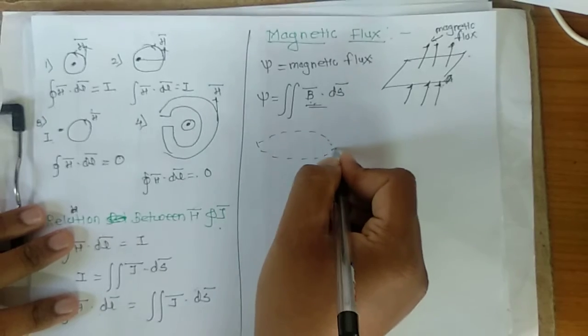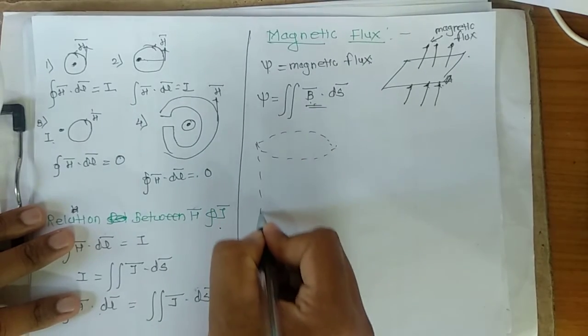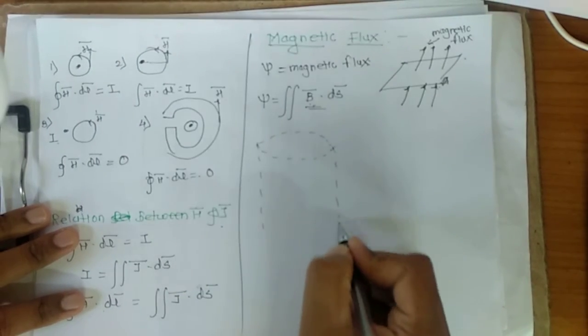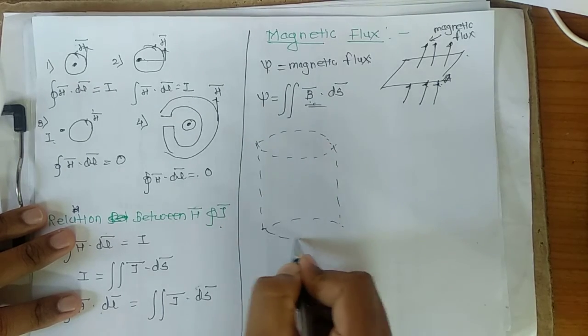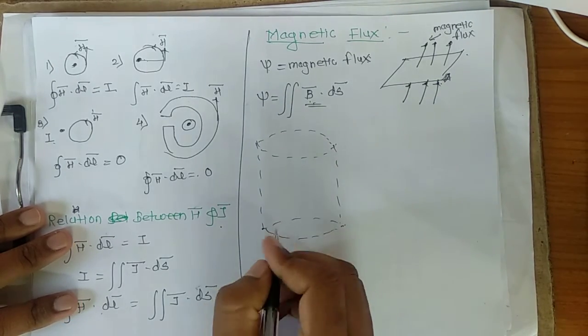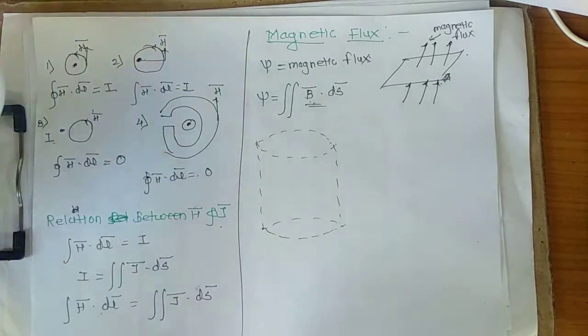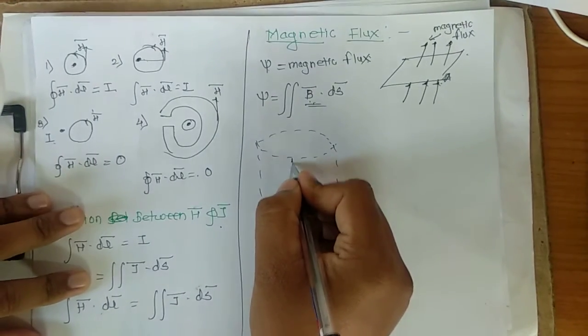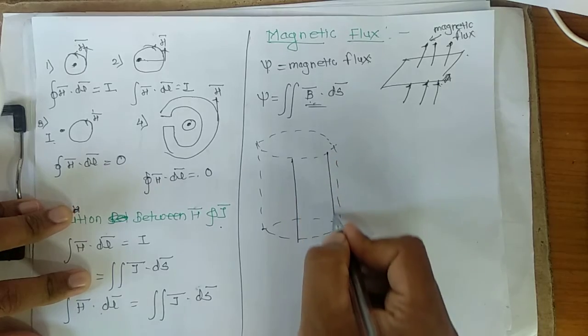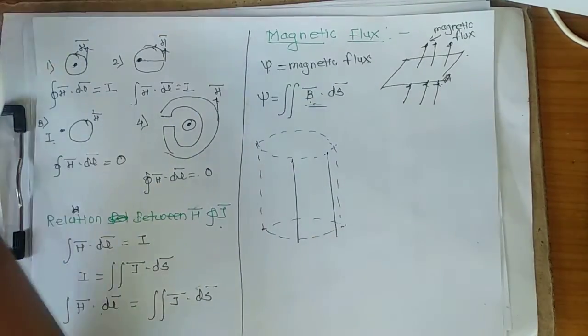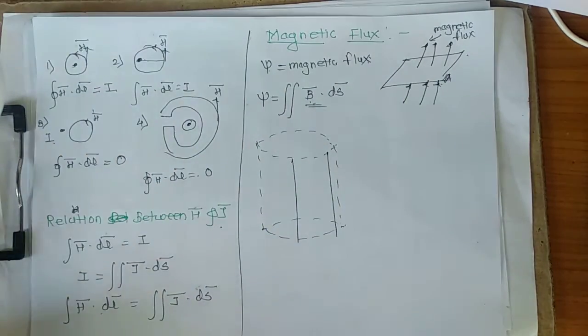I have given the link of the book, and we have to take the problems. I am taking the problem from the same book. You just have to go through that book. So this is the shaded area from which magnetic flux is passing. I will define it with another color here.